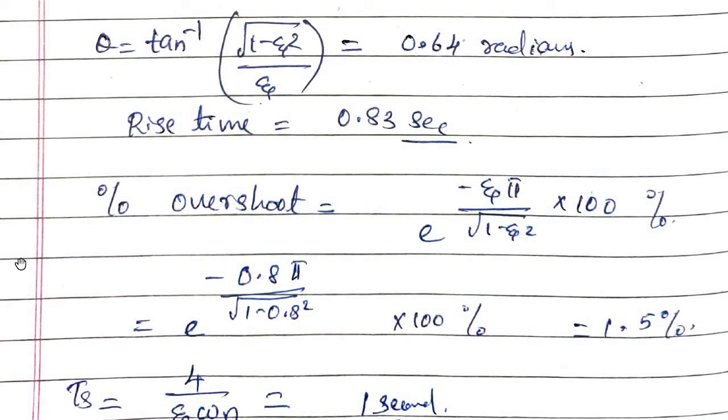After that, if time domain specifications like rise time and peak overshoot are asked, you can directly write the expression for all the time domain parameters, and by substituting the values into it, we will be able to find the time domain specifications. Thank you.